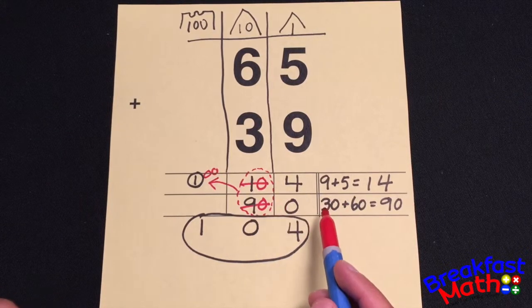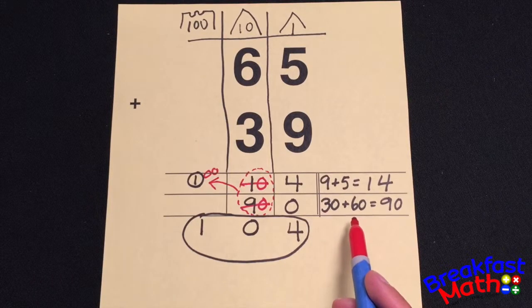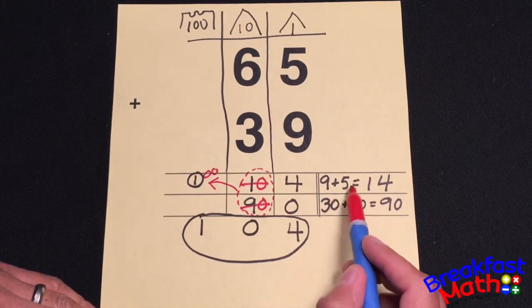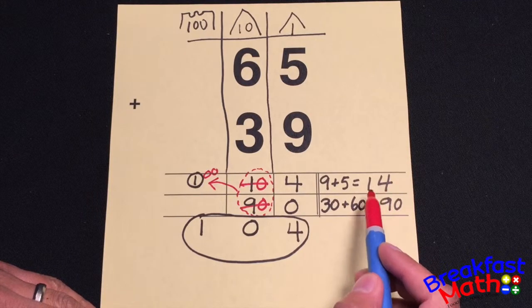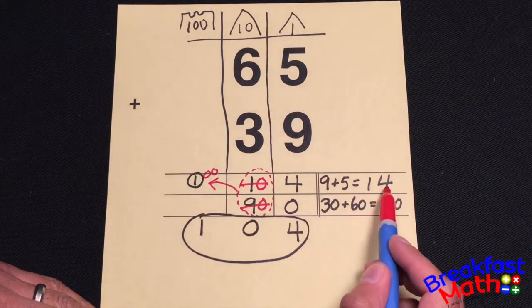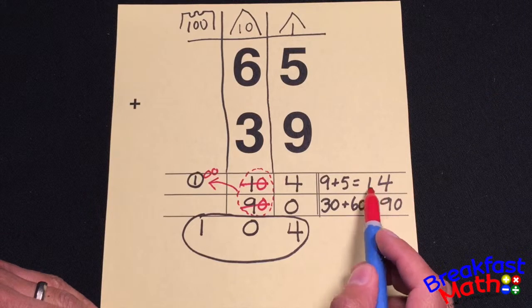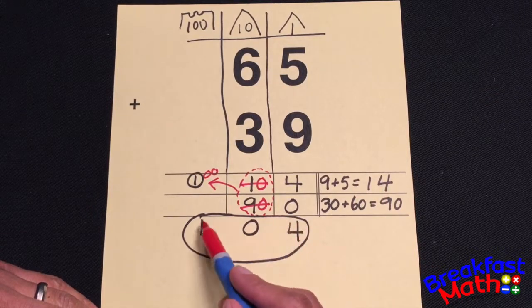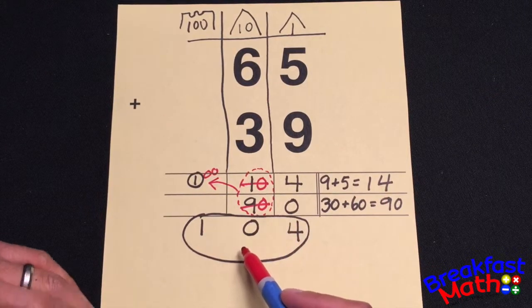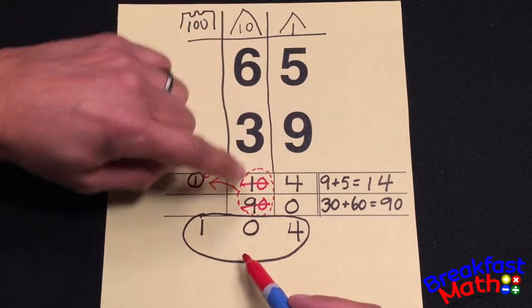The last thing we're going to look at is, why is this called partial sum addition? Where does that come from? Well, 9 plus 5 equals 14. So 14 is the sum of 9 plus 5. So 14 is part of 104. So it's part of the sum of 65 plus 39 is 104.